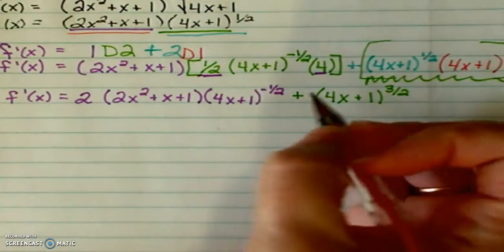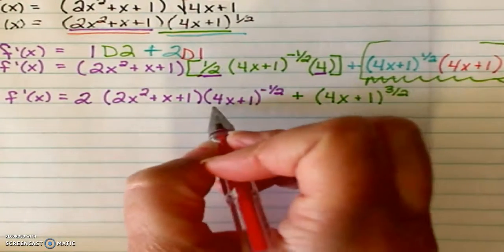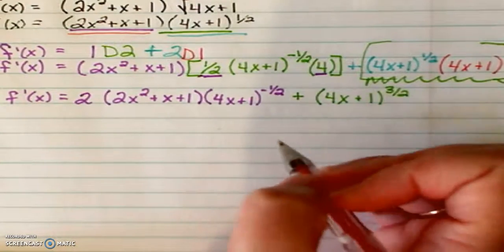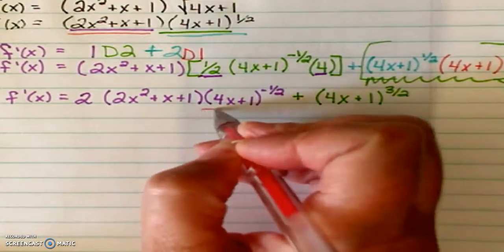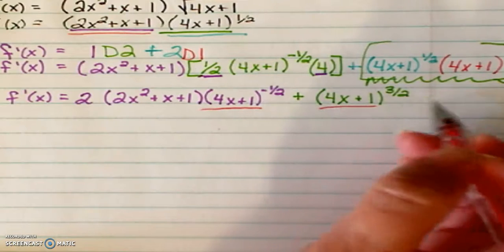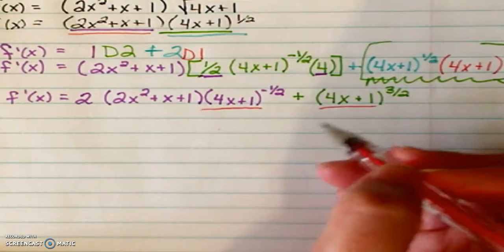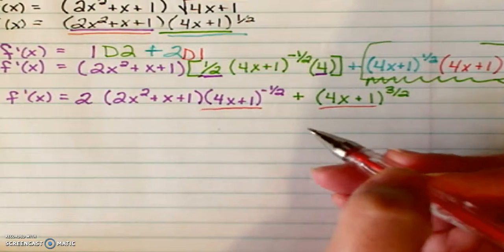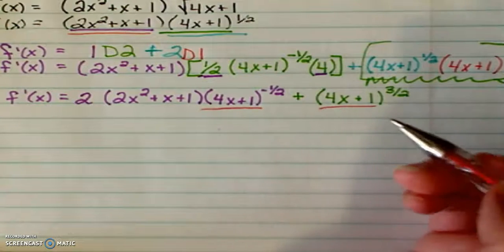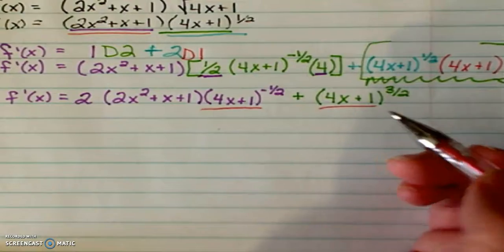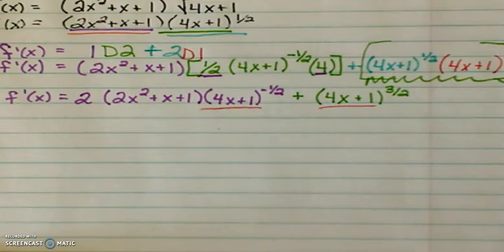Okay, the next thing that you want to do after that is, between the two terms, the purple and the green term, we have this factor of 4x plus 1 that is in common. So remember, if you had something like x cubed and x, you can only factor out an x from both terms. You factor out the smallest power.